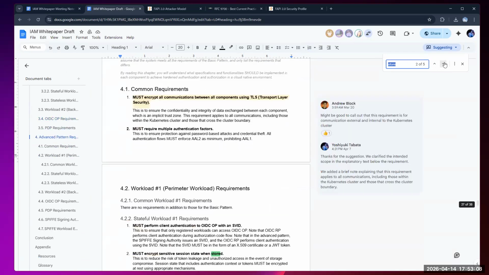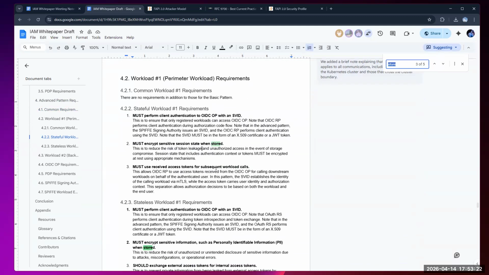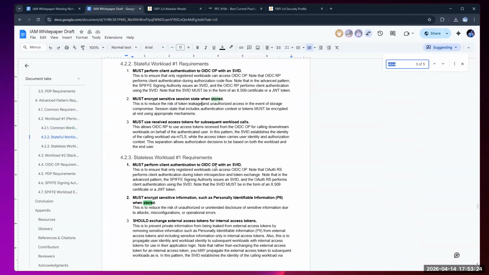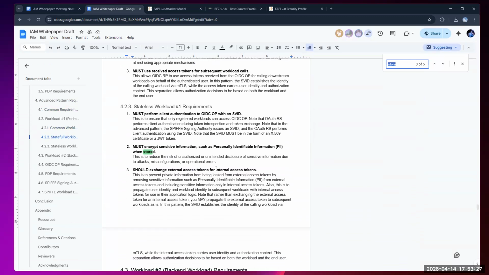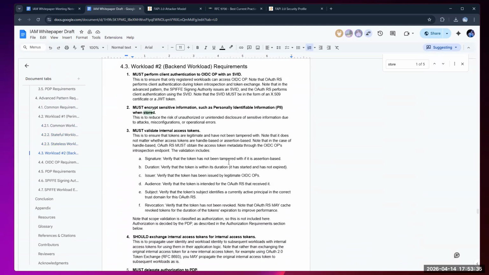But in my understanding, token leakage is mentioned, so this sensitive information includes the token, but should we add some clear sentence?